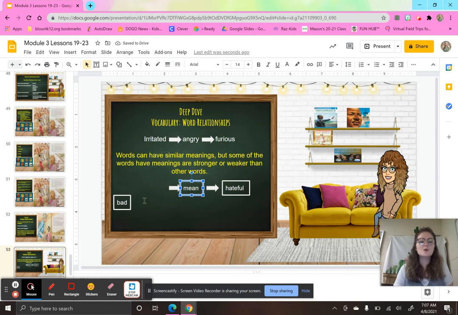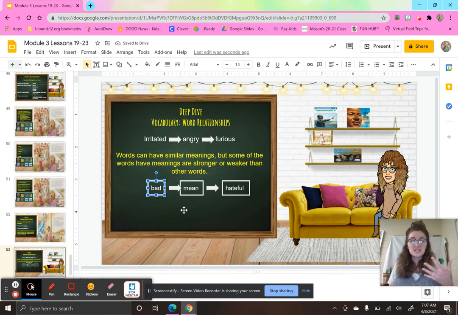And then which one would be the least strongest? Bad, right? I can be a bad person, but then I can also be a mean person, or I can be a hateful person. So those words all have similar meanings. Those are all negative ways to describe someone, right?